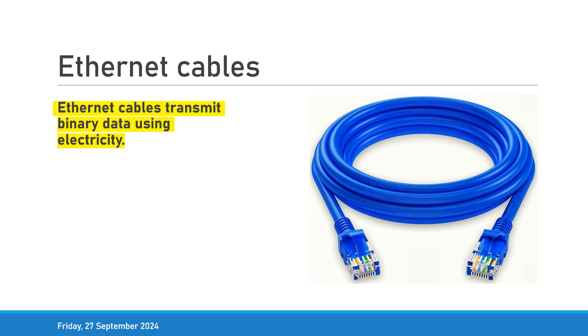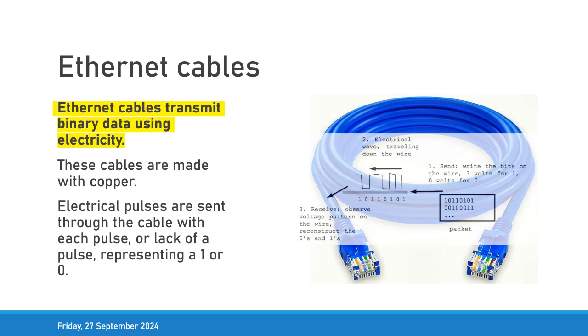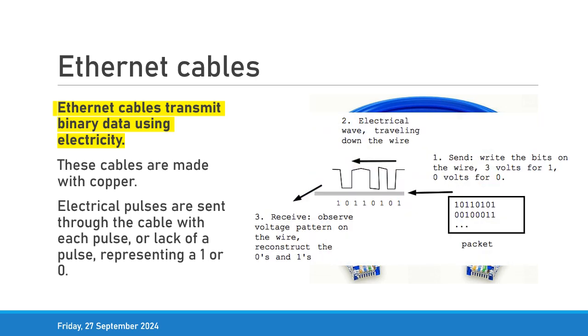What they do is they use electricity to transmit those binary bits of data, those zeros and ones. They're cables made of copper, and electrical pulses are sent through the cable where if there is 3 volts going through it, then that's a 1. If there's 0 volts, then that's a 0. Computers are then able to translate that into just zeros and ones.